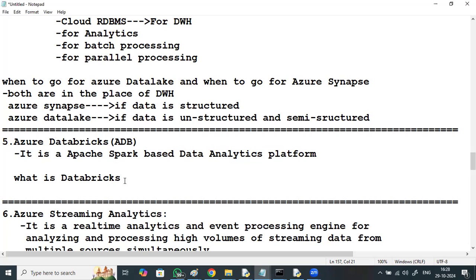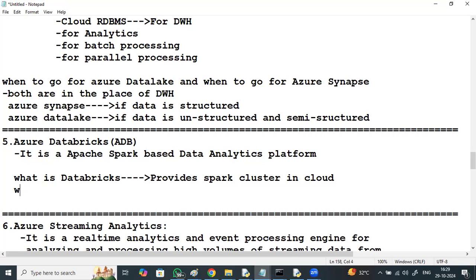It provides a Spark cluster in cloud. What is Spark?